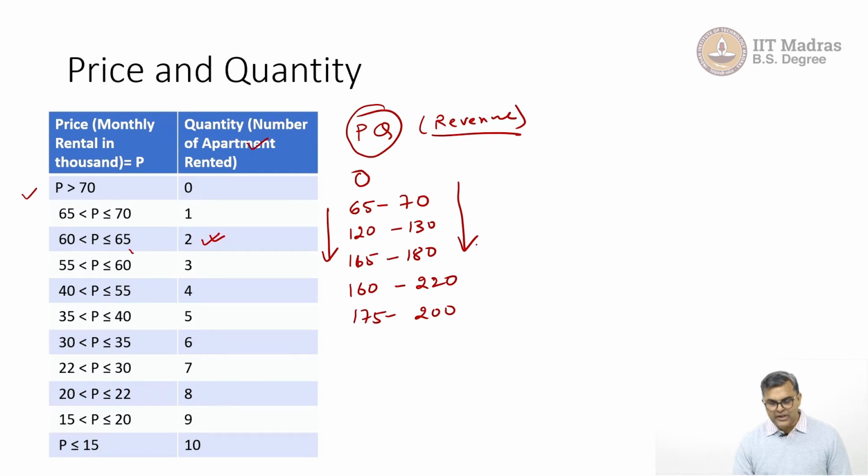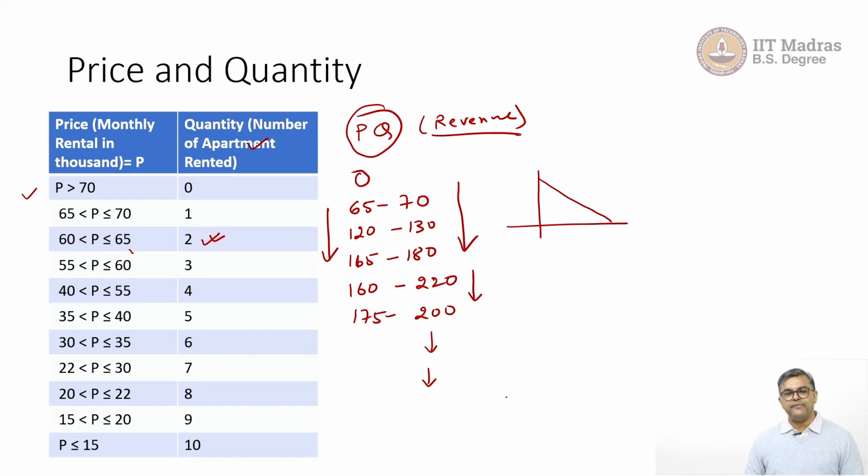So, what we see here is that in the beginning your total revenue is increasing and later on it starts decreasing. It is not necessary that it would decrease further, it may increase sometime, it may decrease, because we are following a stepwise function.